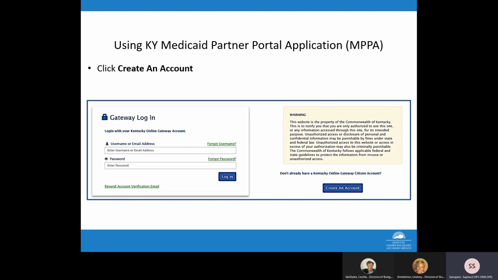It's an RIDP process, but it is a very quick and easy process. Up on the screen, you will see two options. If you are a new user, you're going to click on create an account, and it's going to take you through the steps that will enable you to set up your account.